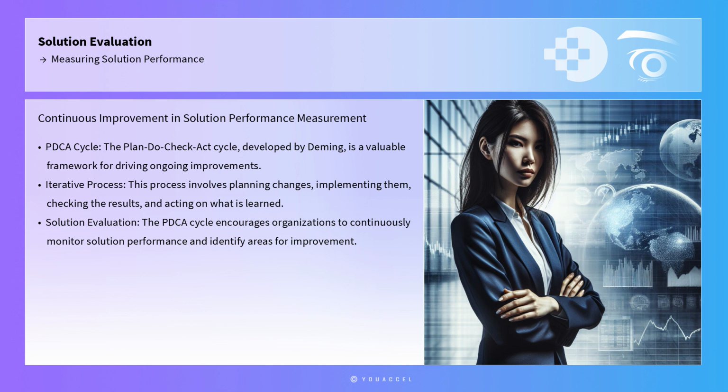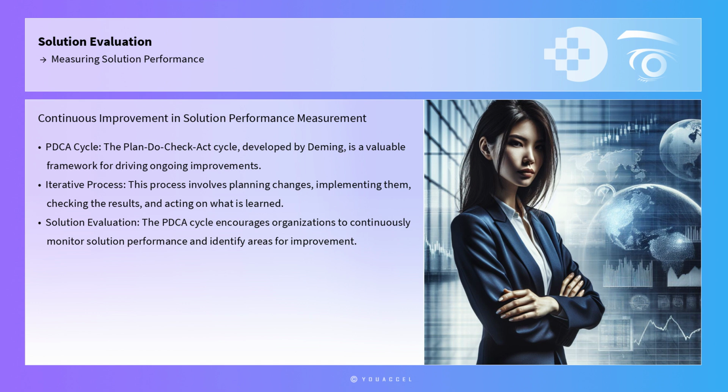Continuous improvement is a core principle in solution performance measurement. The Plan, Do, Check, Act cycle, developed by Deming, is a valuable framework for driving ongoing improvements. This iterative process involves planning changes, implementing them, checking the results, and acting on what is learned to make further enhancements.